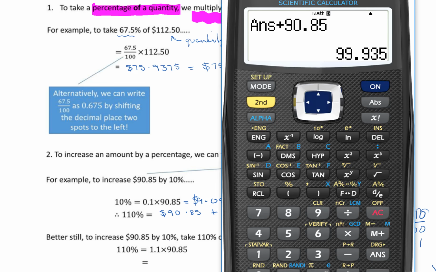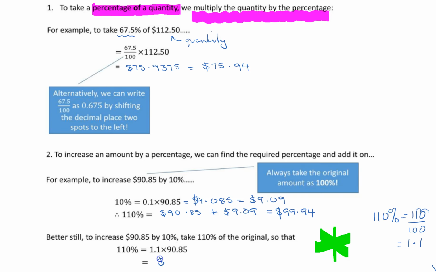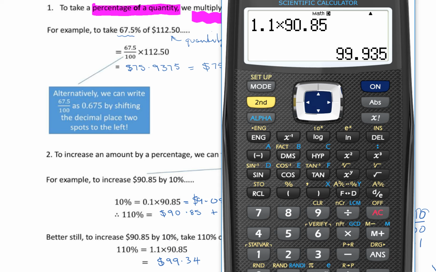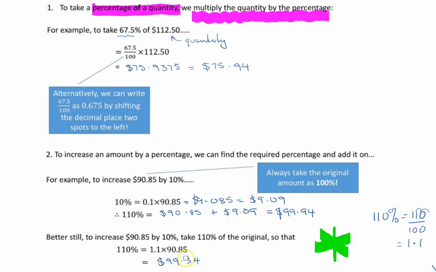If I take the calculator and do 1.1 times 90.85 equals, you get 99.935, which rounds to 99.94. Which is the same as we got by doing it in a two-step method.